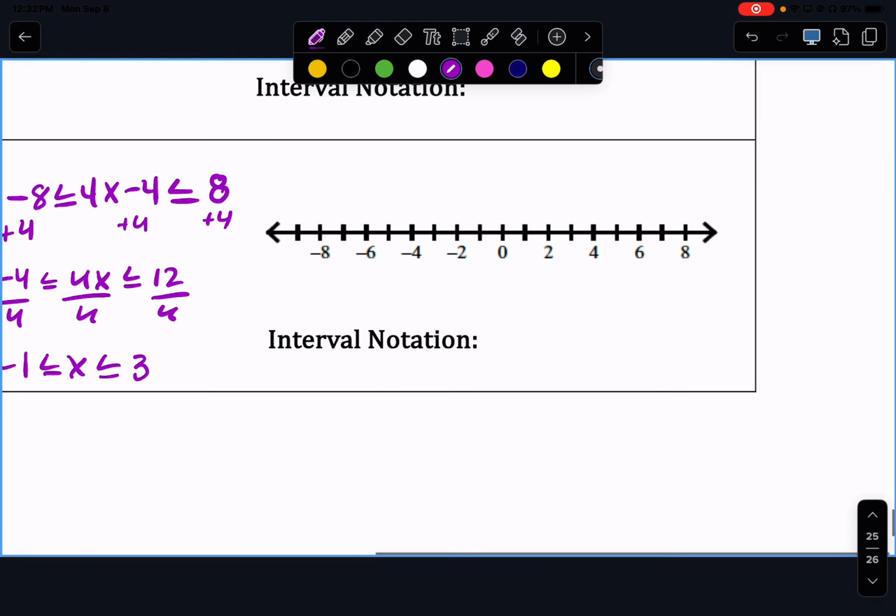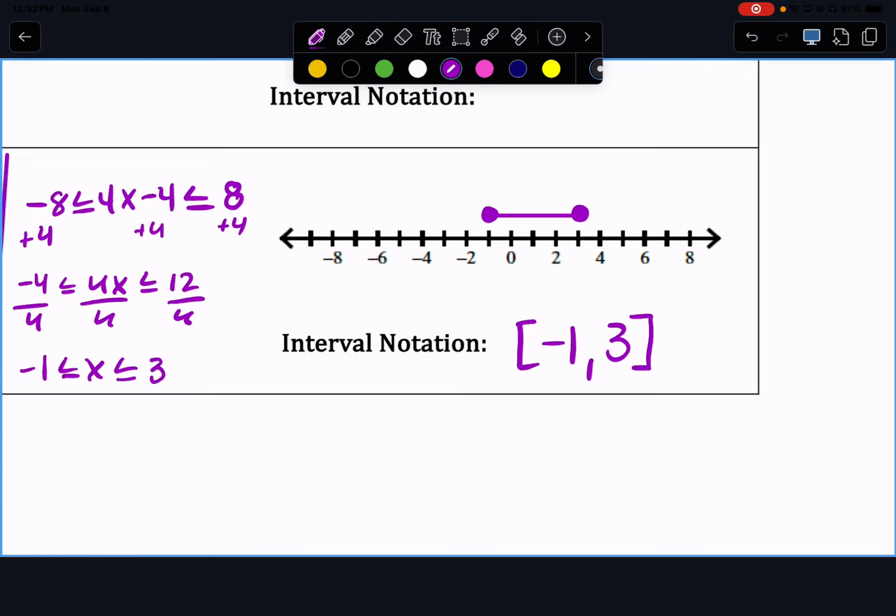And if I did it on a graph, both of those would have closed dots. Would it go together or apart? Together. And then our interval notation would be bracket, -1, 3, bracket.